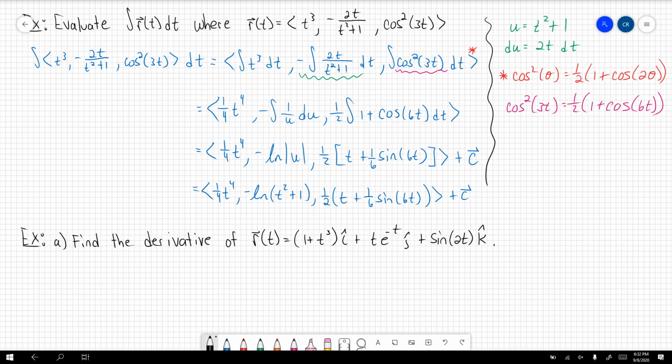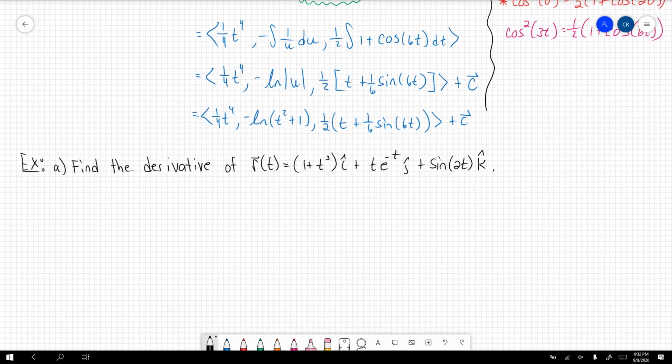All right, so this is the first derivative that we want to find. So we're going to go through the whole process again.